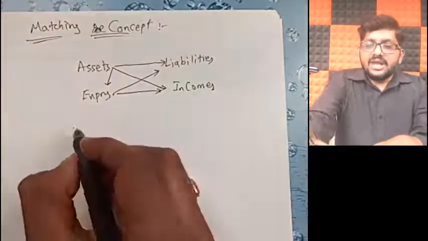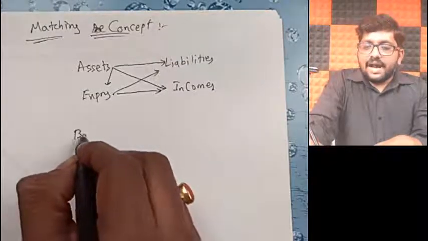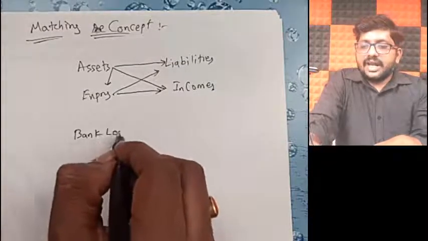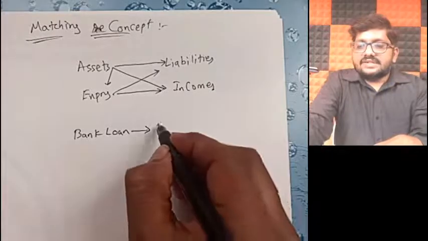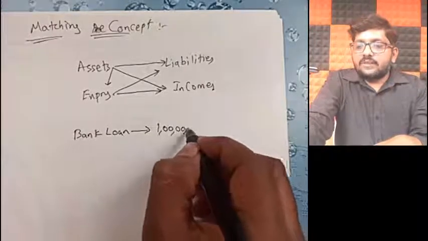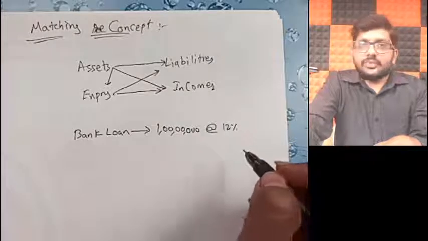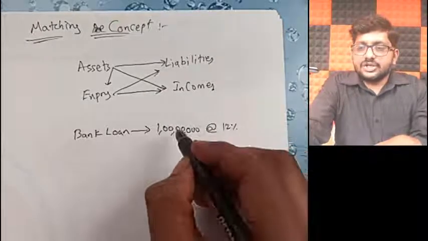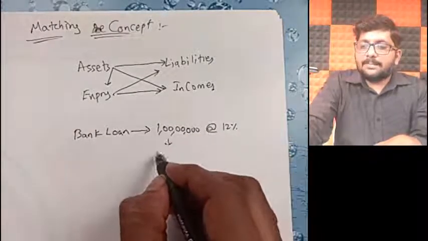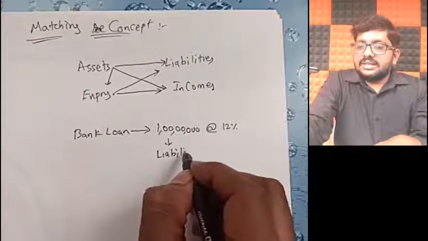For example, I have taken a bank loan. For example, 1 crore rupees of loan I have taken at 12% rate of interest. So what is my bank loan? This is a part of my liabilities.